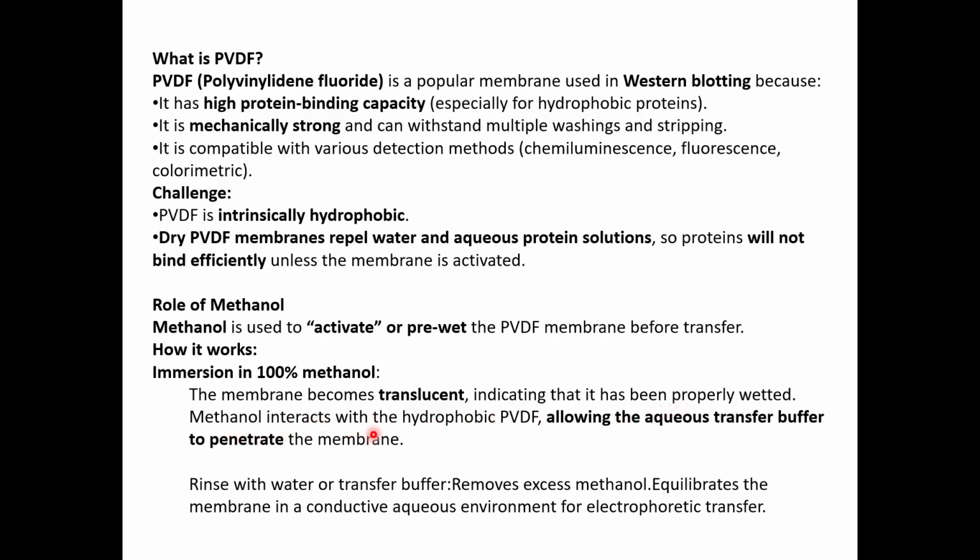Then methanol interacts with the hydrophobic PVDF, allowing transfer of aqueous or polar proteins to effectively penetrate into the membrane. So then we rinse it with water or the transfer buffer, which removes the excess methanol and equilibrates the membrane with a conductive aqueous environment for electrophoretic transfer.